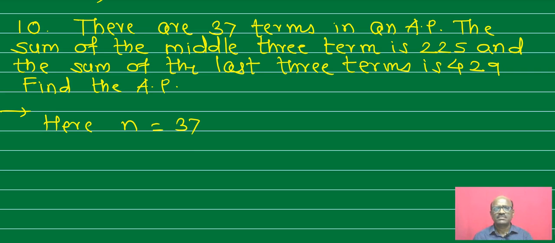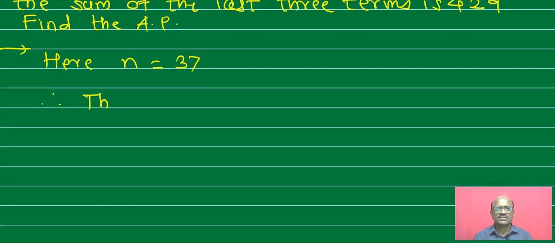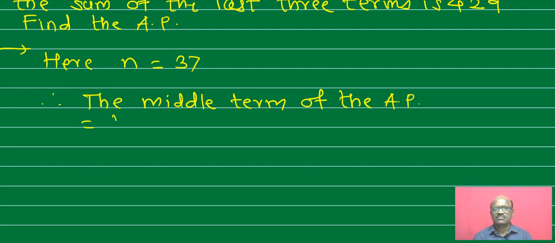Therefore, the middle term is (37 plus 1) upon 2, that is 38 upon 2, which is 19. The 19th term will be the middle term, that is (n plus 1) upon 2.